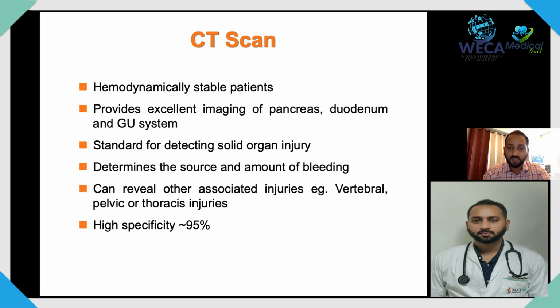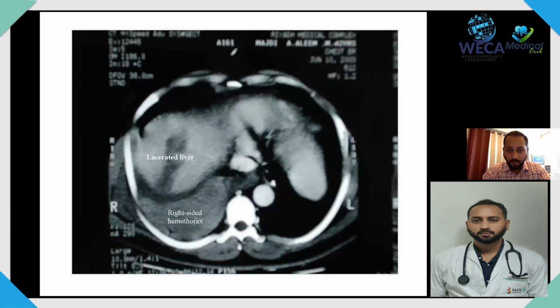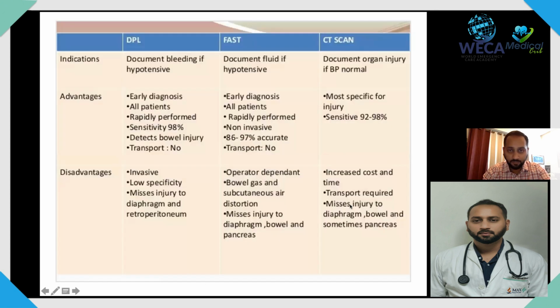It provides excellent imaging of the pancreas, genitourinary system, and the duodenum. Here is a sample CT scan showing a lacerated liver. You can see a hypodense, black patch in the liver, and a right-sided pneumothorax.